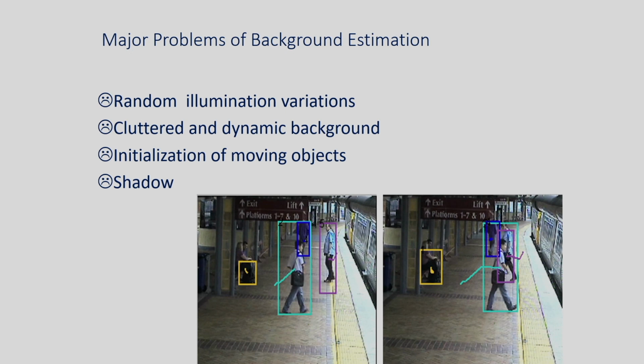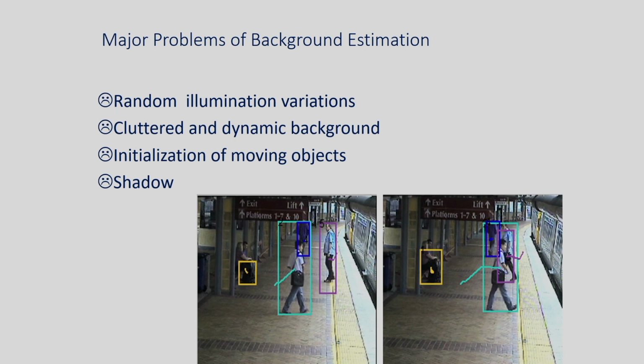The major problems of background estimation: one is the random illumination variations that we need to consider. Illumination is not uniform. If there is a random illumination variation, then there is a problem for the background subtraction, the background estimation. And the background may be cluttered and also dynamic.